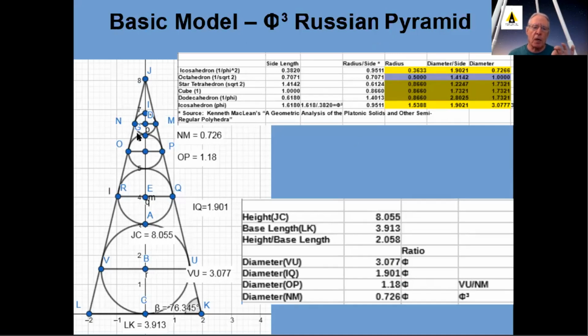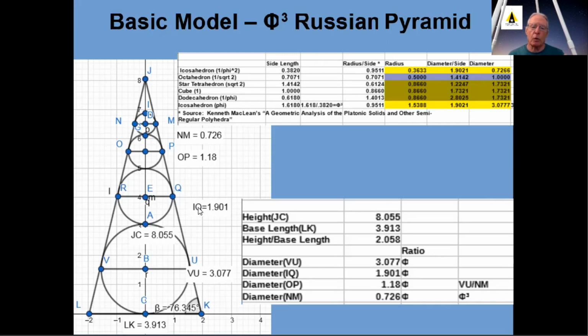All I've done in this case, though, is I've changed the actual dimensions to match those that I came up with Lawlor's nested geometry. So rather than having a bottom diameter of 1, I've now got one that's 3.077 as my starting point.